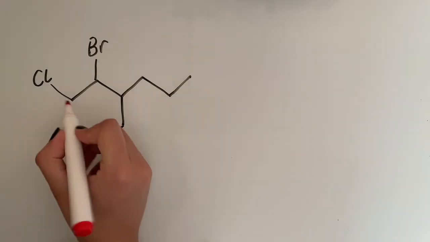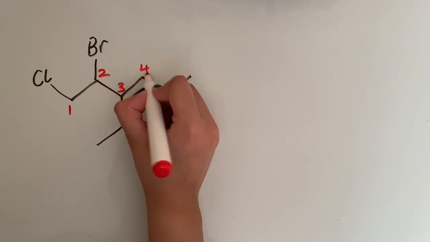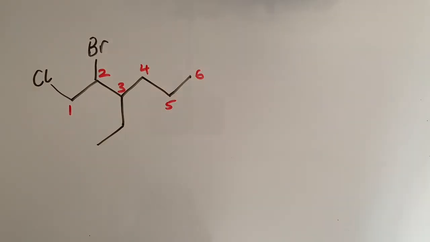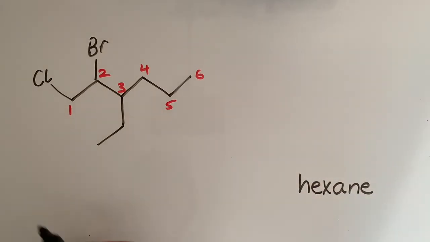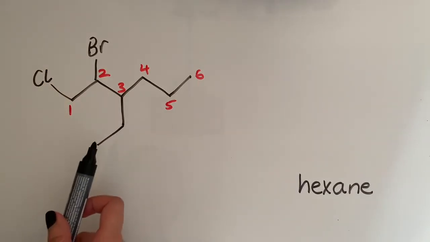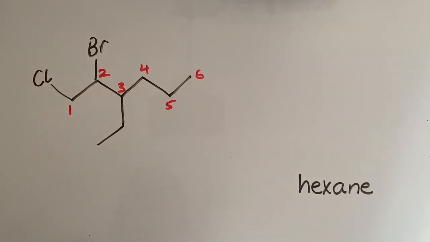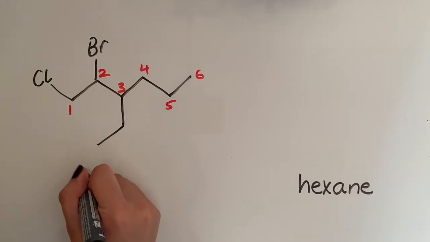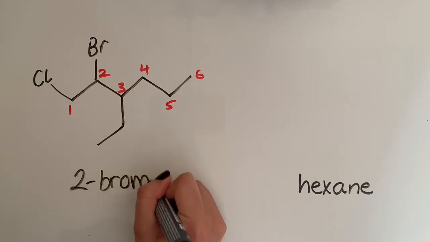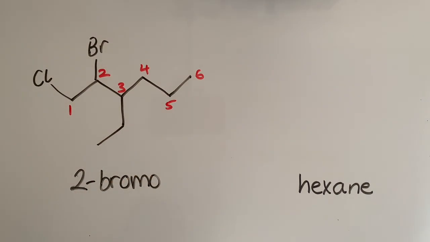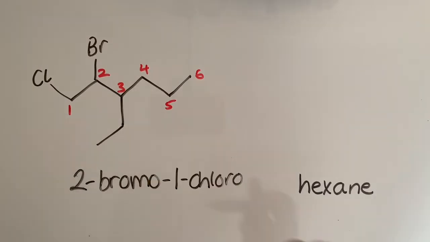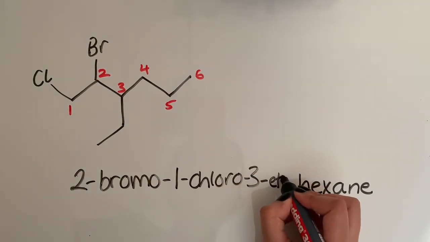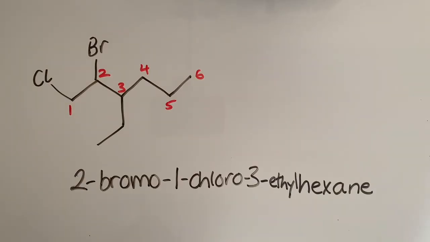I want to number that so that everything's on the smallest number of carbon that it can be. So it's going to end in hexane. We've now got a chloro, bromo, and an ethyl group. Out of those, bromo is first alphabetically. So it's going to be 2-bromo, and then out of chloro and ethyl, chloro's next. So 1-chloro, and then 3-ethyl. I'm going to struggle to fit this in. So 3-ethylhexane, like so.